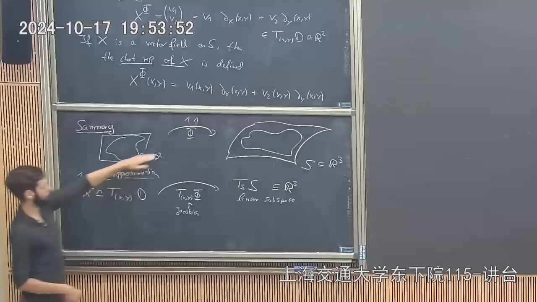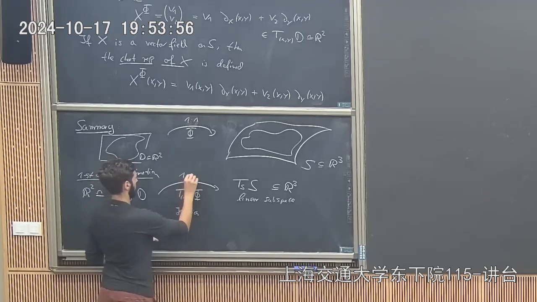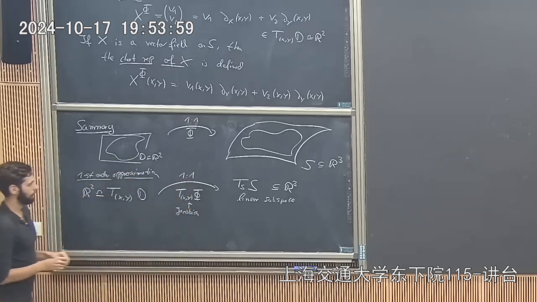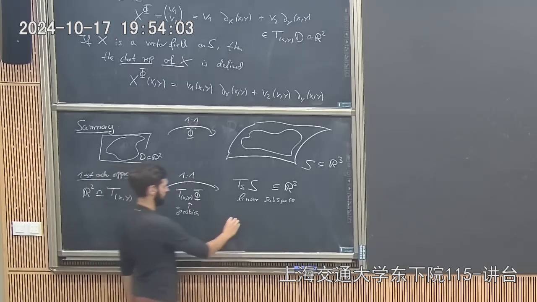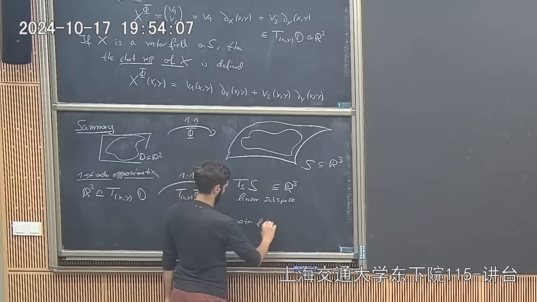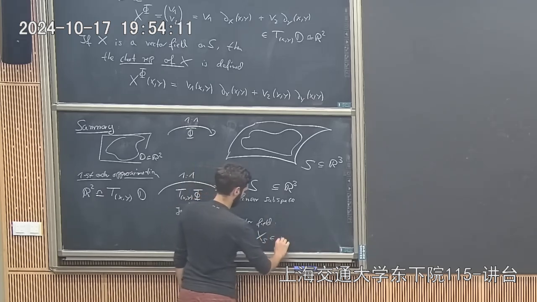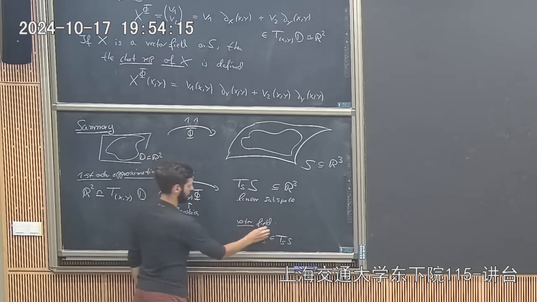And this one is one-to-one, and so is this map. And that means that if I have a vector field, then I get a tangent vector in here.